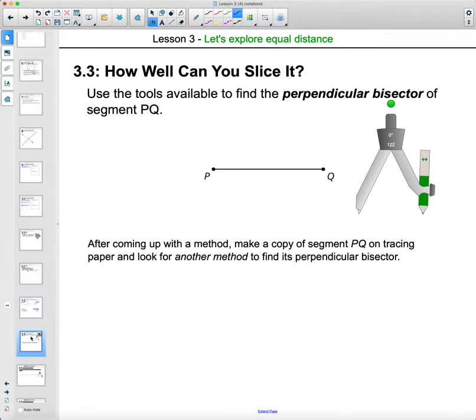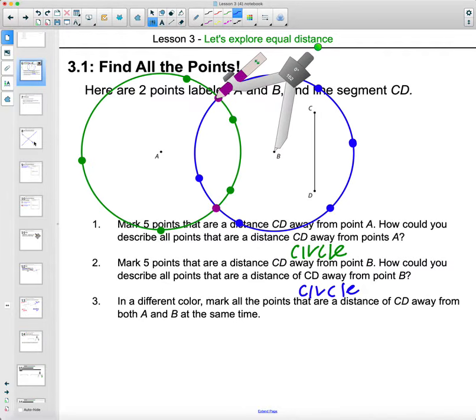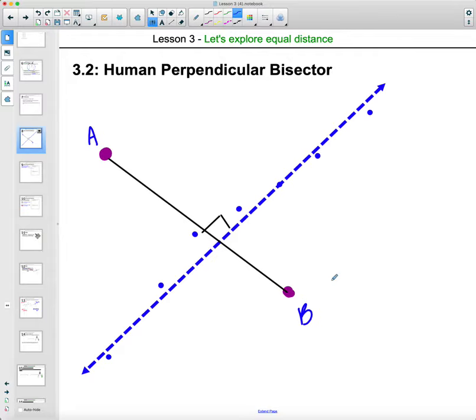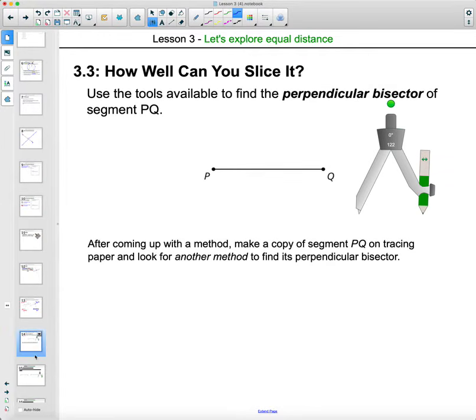So in 3.3, you can pause the video and try to come up with how you might connect these two ideas here. This one that we used of getting all of the points equidistant, and then remembering that any point on the perpendicular bisector is equidistant from both A and B. So how could we connect those two ideas to actually construct a perpendicular bisector?